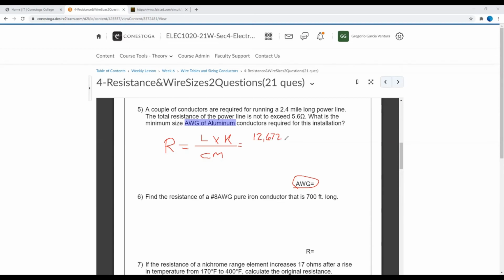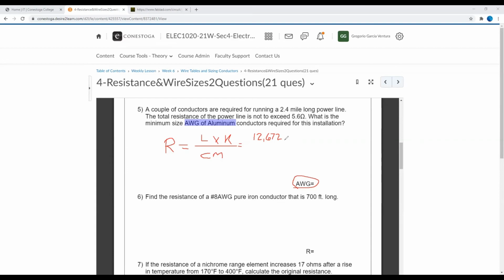Now, you see there that it says a couple of conductors. So the 2.4 mile long power line, the distance from the generating station to the substation, is going to be 2.4 miles.